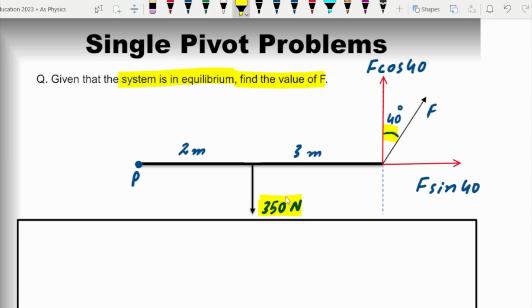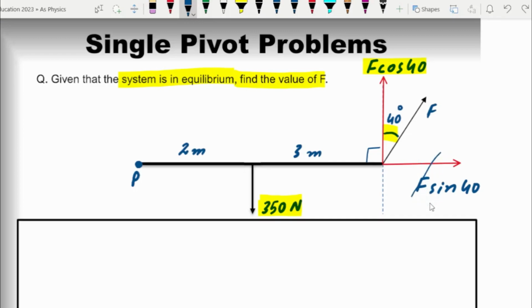This force would produce the moment, and the second force that would produce the moment is not F, rather it would be a component of F, which is F cos theta, because F cos theta is the component which is perpendicular with the distance. You see, only F cos theta is perpendicular with the distance. F sin theta is parallel to the distance. So वो वाला component would not be responsible for moment of force.